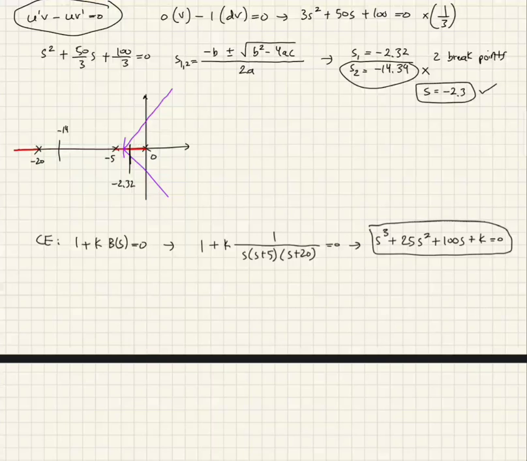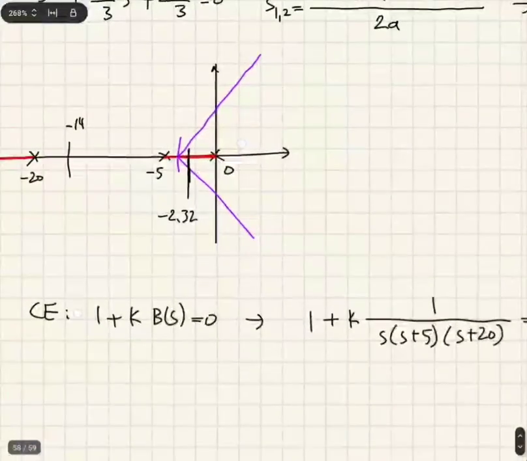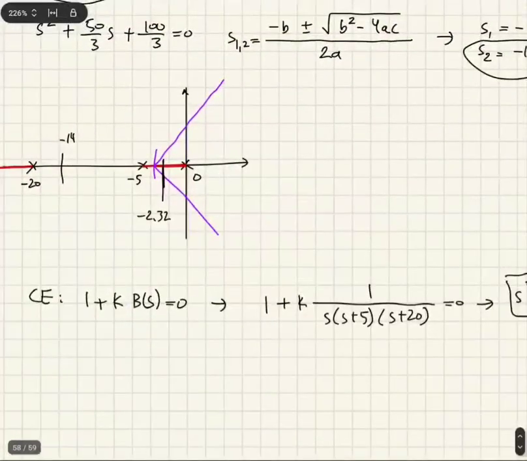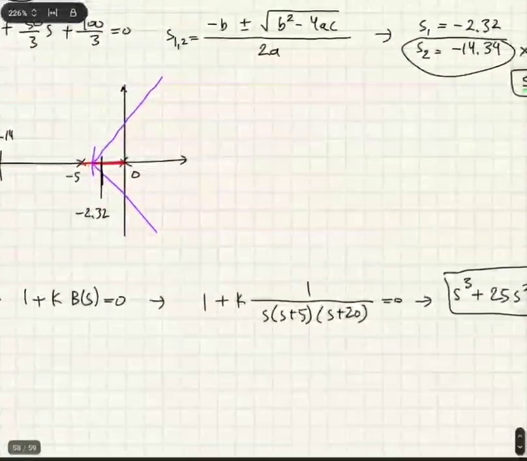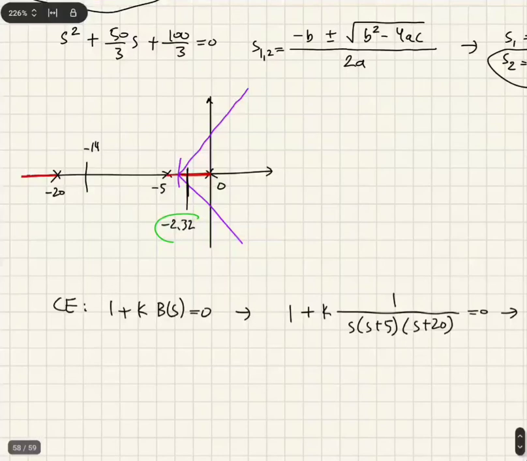Let's take a look at this breakpoint, because breakpoint is where your locus starts to move, I think. So the locus lies at this point, -2.32, and we have a rough idea that the locus is gonna go something like this.